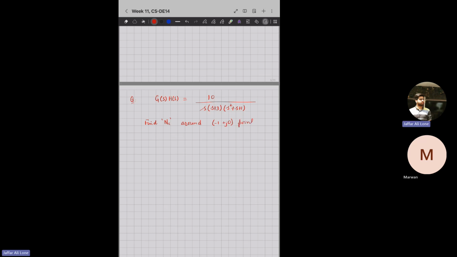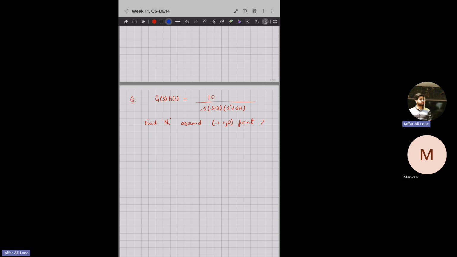That means the mapping of the Nyquist contour is being done to the GSHS plane, because you're being asked to find the encirclements around the -1 plus J0 point. So this is the question.